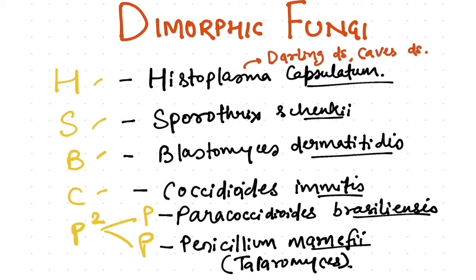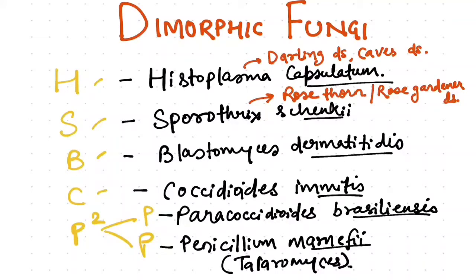How to remember this? First I will write down the common names for all of these, and then I'll tell you the mnemonics at once. The next is Sporothrix schenckii. It causes sporotrichosis, and that is known as rose thorn or rose gardener's disease.